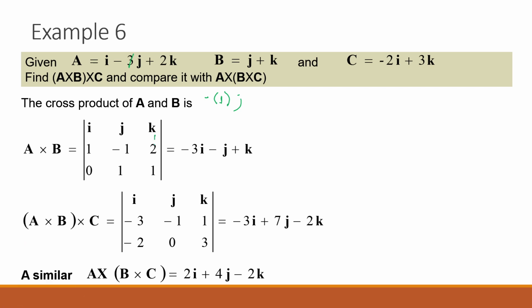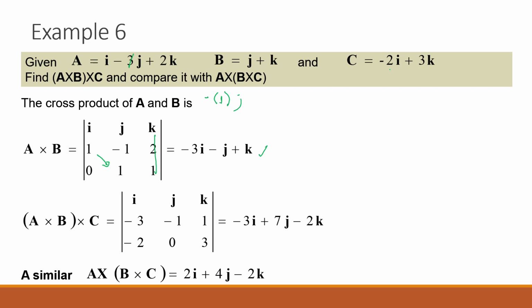Later on component k, this product is 0, so positive k. So this is A cross B. Later on, cross with C. So negative 3i minus j plus k cross with C.